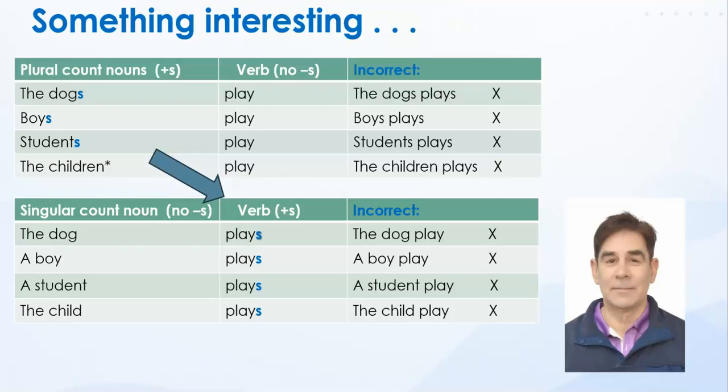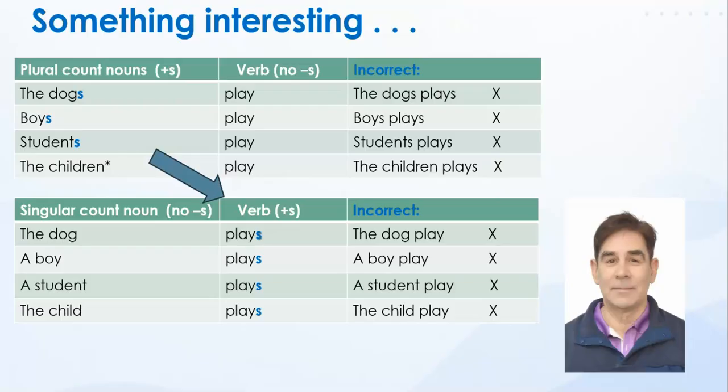Now notice the children is an irregular plural, so it doesn't take an S. However, the verb does not require an S because the word children is actually plural. It would be incorrect to say the dogs plays, boys plays, students plays, the children plays.